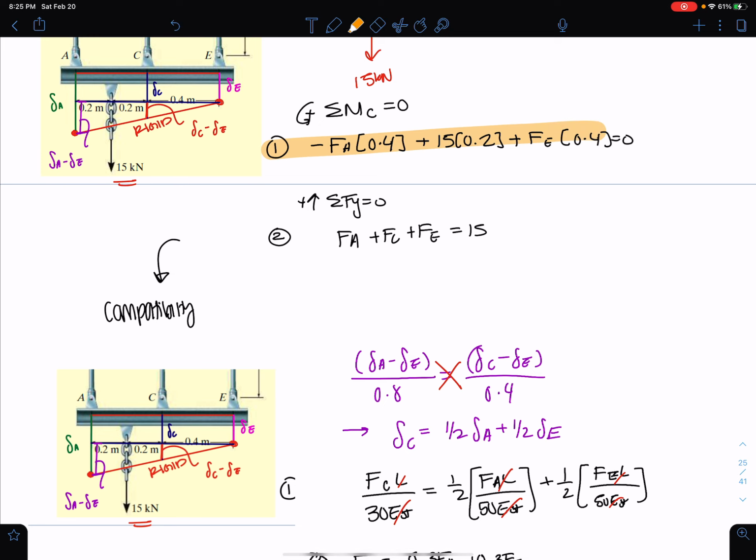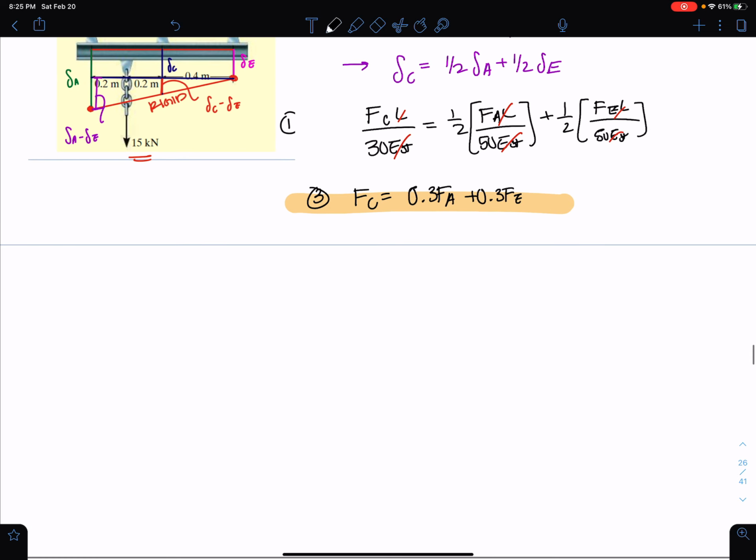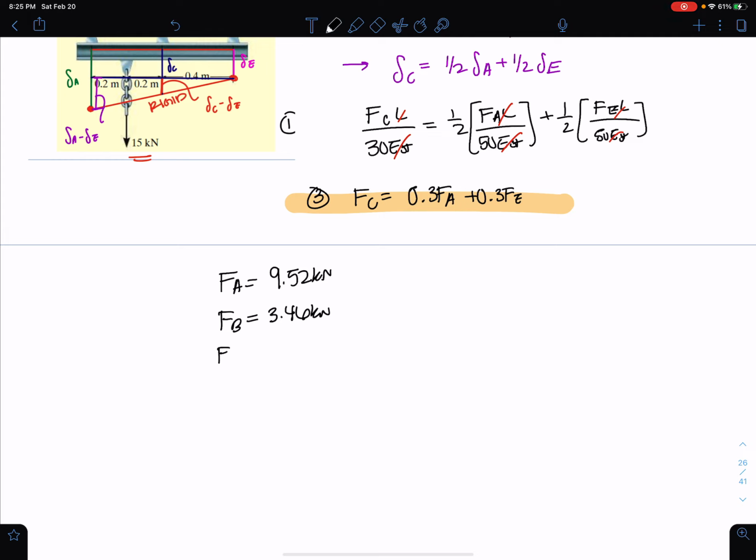I have this equation and this equation, and I can solve for all three now. I get FA is 9.52, FB is 3.46, and FC is 2.02.